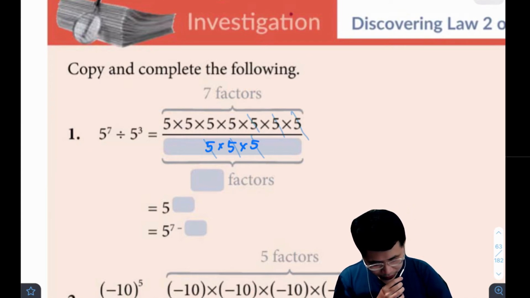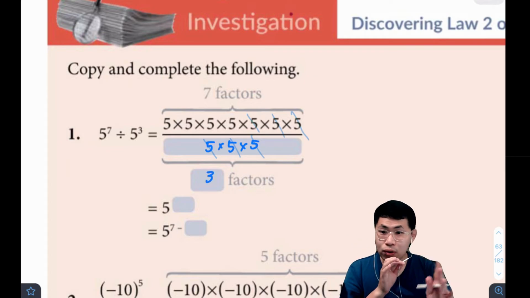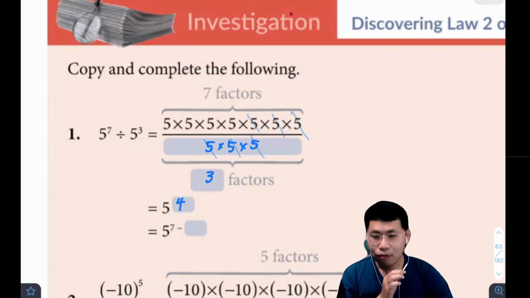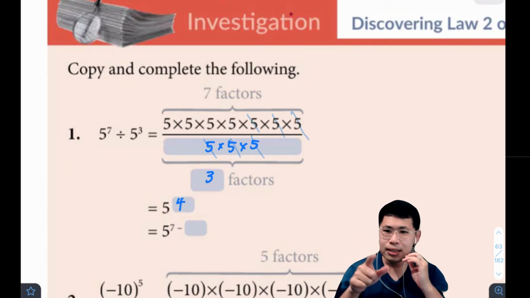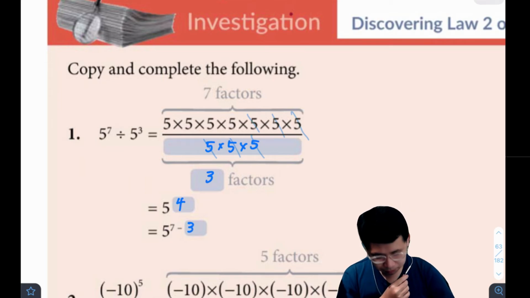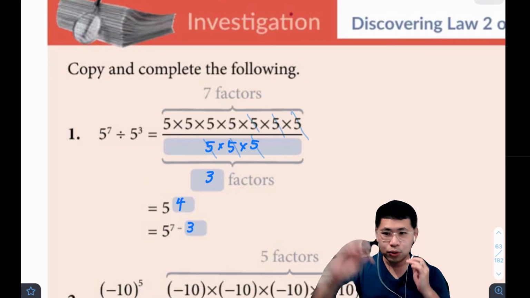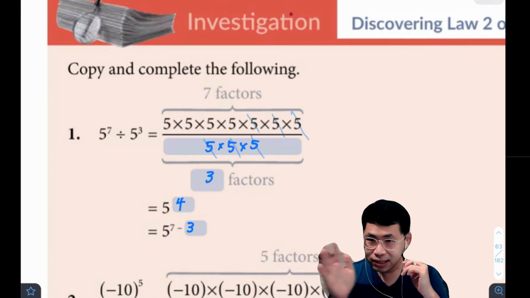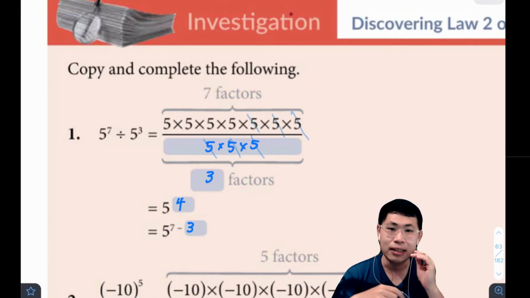Okay, on the bottom we have 3 factors. So overall, how many of 5s do we have left? We have 5 to the power of 4. We have 4 of them left. So this is actually equivalent to 7 minus 3. Okay, 7 minus 3, you get your power 4. So the cancelling is as if you minus the index.